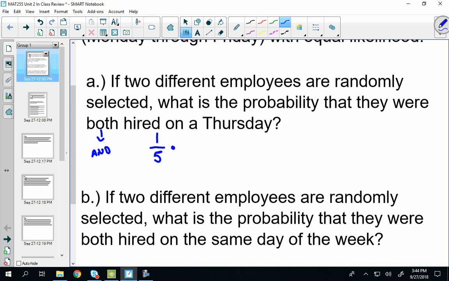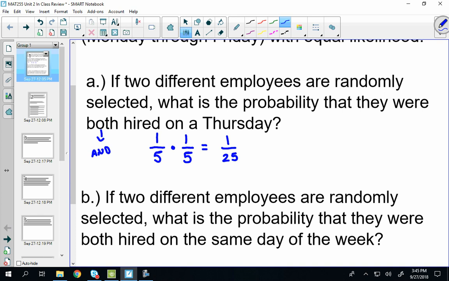So the probability that the first one was hired on Thursday was 1/5. The probability that the second person was also hired on Thursday was 1/5. When I multiply them both, I find that the probability of them both being hired on Thursday was 1 out of 25.